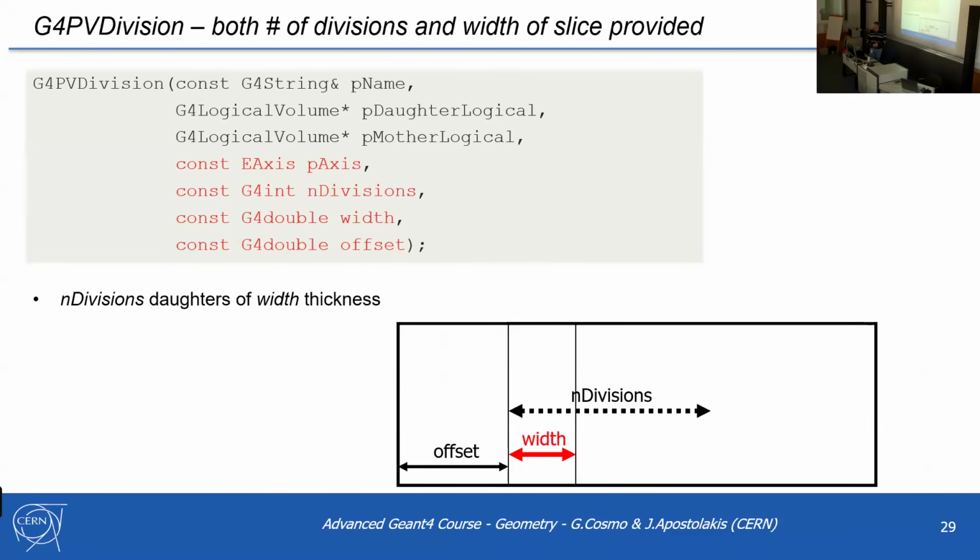The other construct is that you specify axis, number of slices, width, and offset. So you limit the area where you want to include your slices. In this case, the system will just do this. Okay, it's very simple.